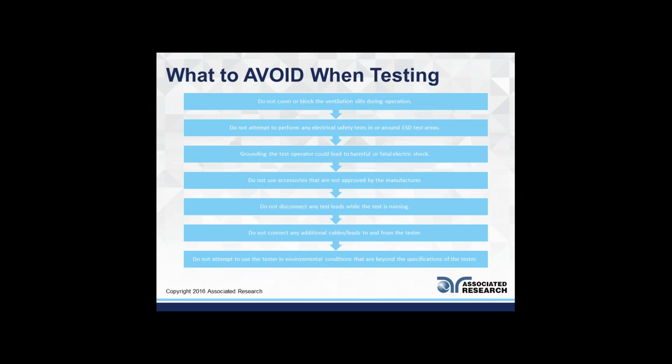Another list here would be making sure you follow the guidelines in the manual, things like the broken ground pins or any ESD stations that we mentioned earlier, and making sure that the unit itself is calibrated.